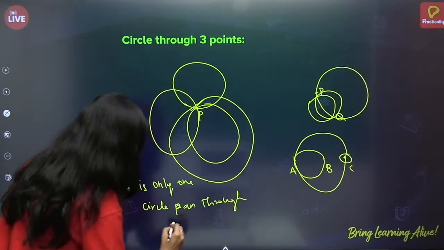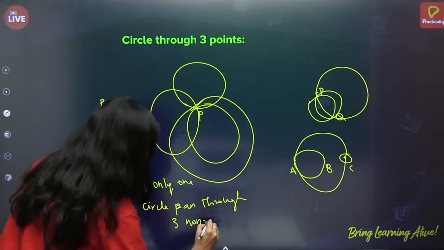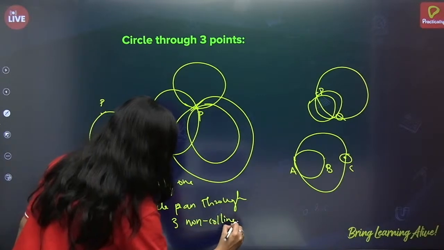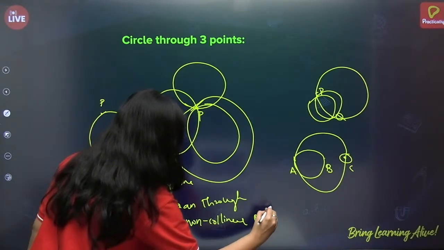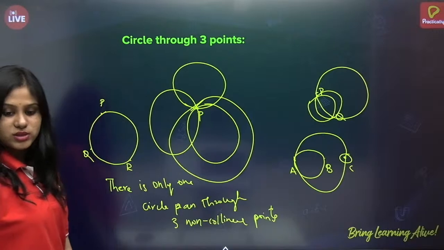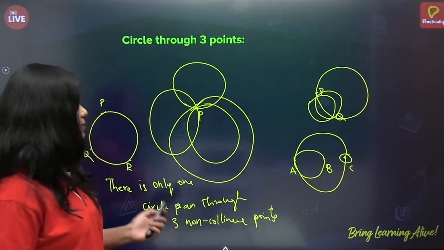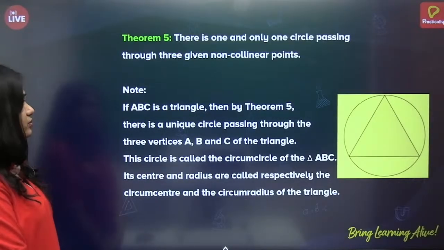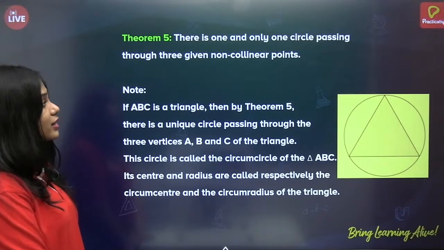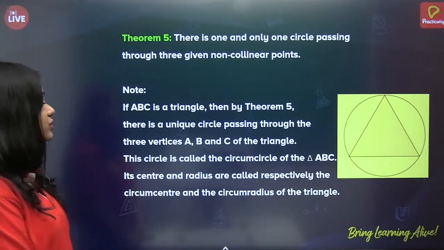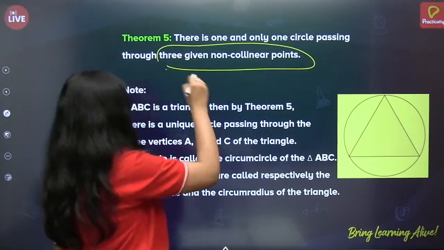Okay, so this is just a statement you have to remember. Next theorem. Of course, there is one and only one circle passing through 3 given non-collinear points.